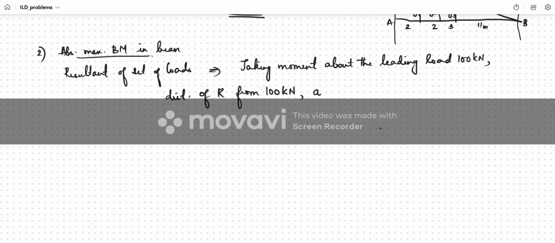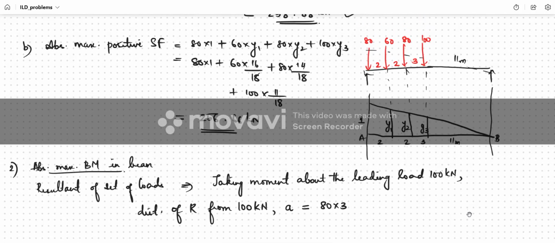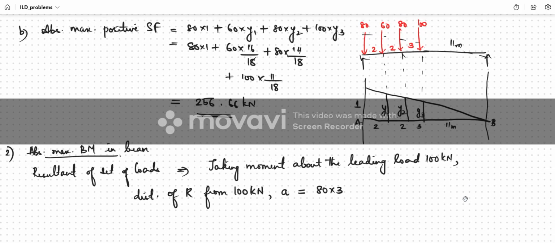Let me represent it as small a is equal to 80 into 3. Please refer to the figure. You have 80, 60, 100, another 80 and 100. The second one, we are taking moment about this 100. So 80 into 3 plus 60 into 5 plus 80 into 7.